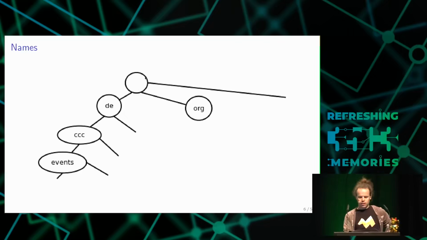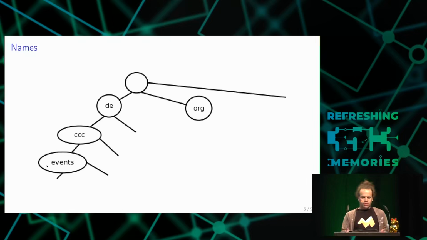We have the root at the top. The root is empty here. And then below the root, we have, for example, the top-level domain DE and the top-level domain org and other top-level domains. Then below the DE, we have also some second-level domains like CCC and various others here. And then below CCC, we have, for example, the events name.